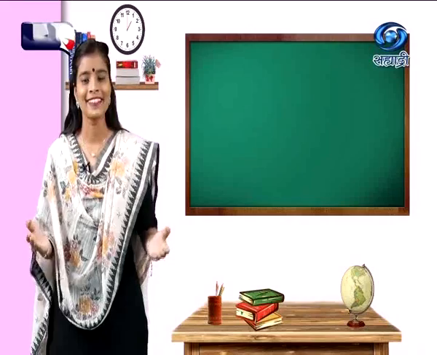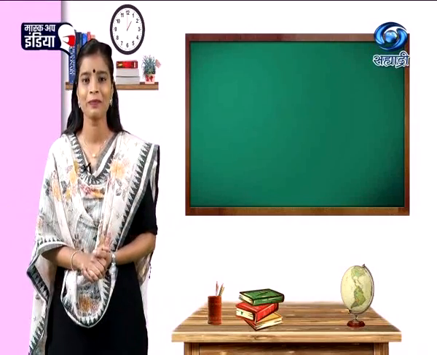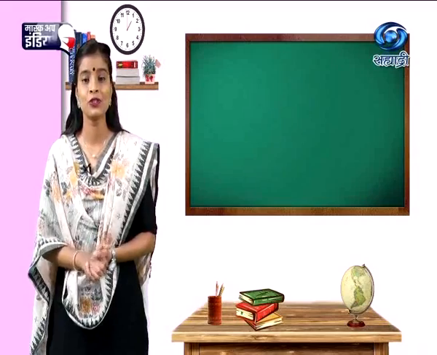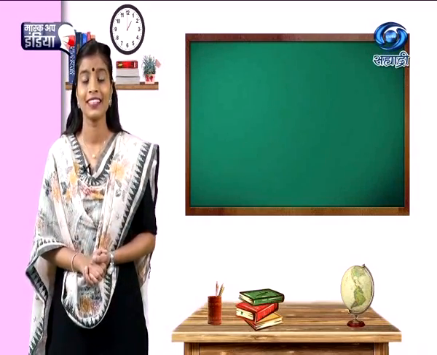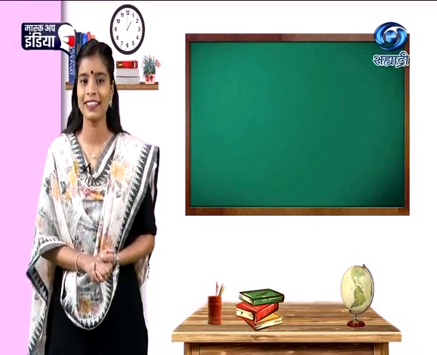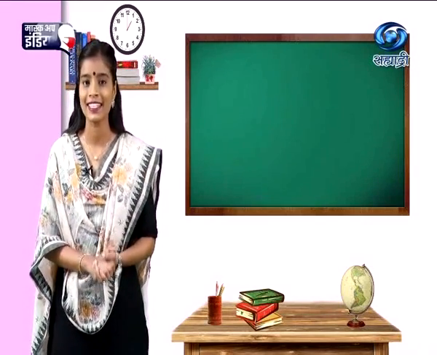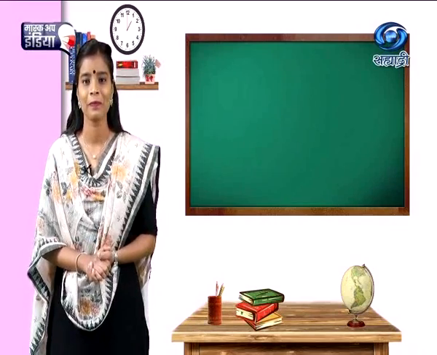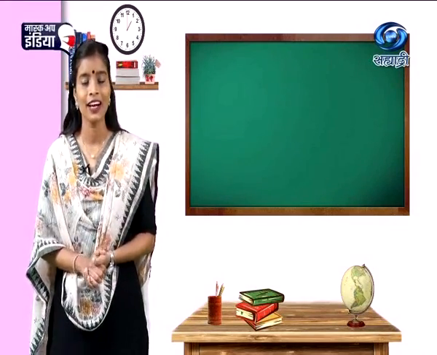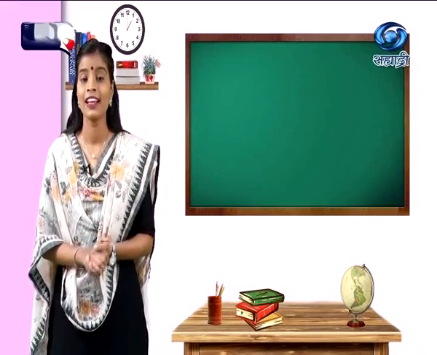Children, wasn't it an interesting poem? Now, let's do an activity. Today, we will be learning about two figures of speech. First, alliteration, and second, onomatopoeia. First, let's talk about alliteration.